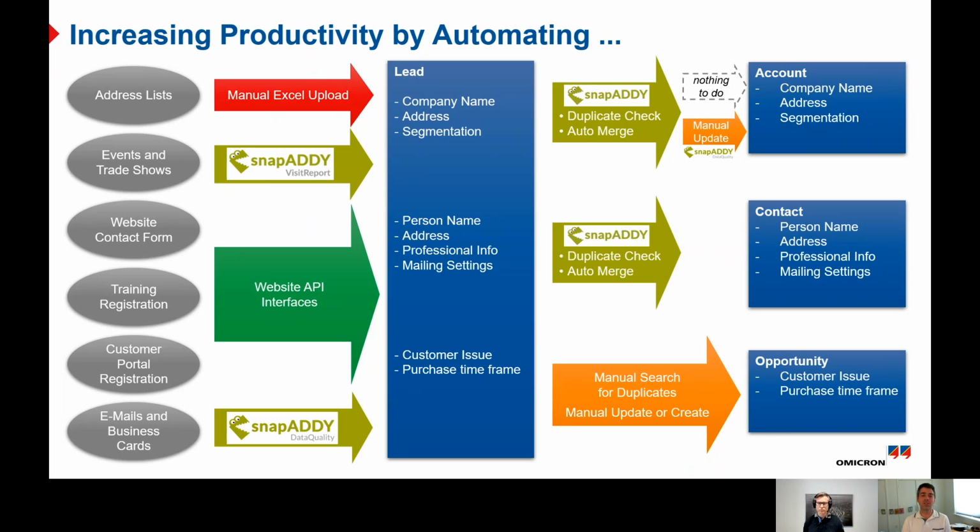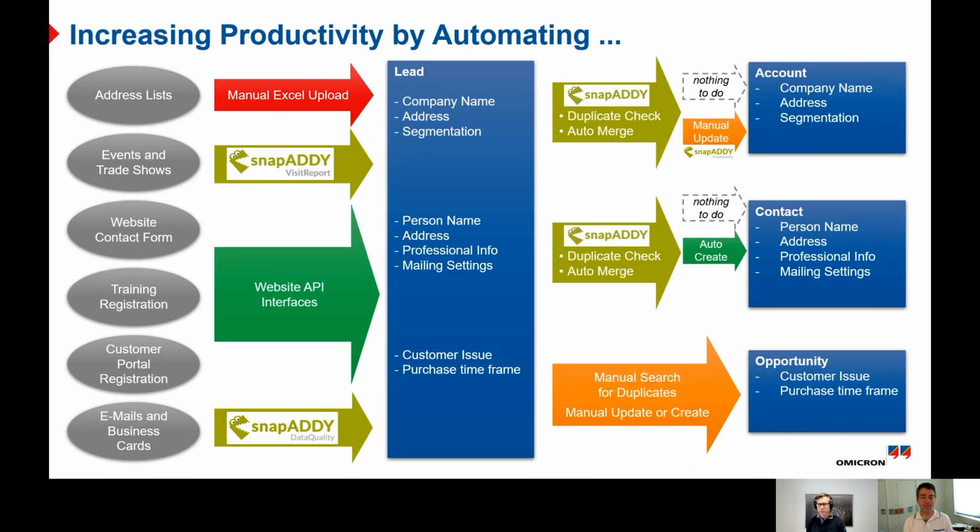An automated duplicate check, and then an automated merge if something is identified already. And same here, you could have either nothing to do. We then added in our own programming also an option to automatically create contacts to save even more time.